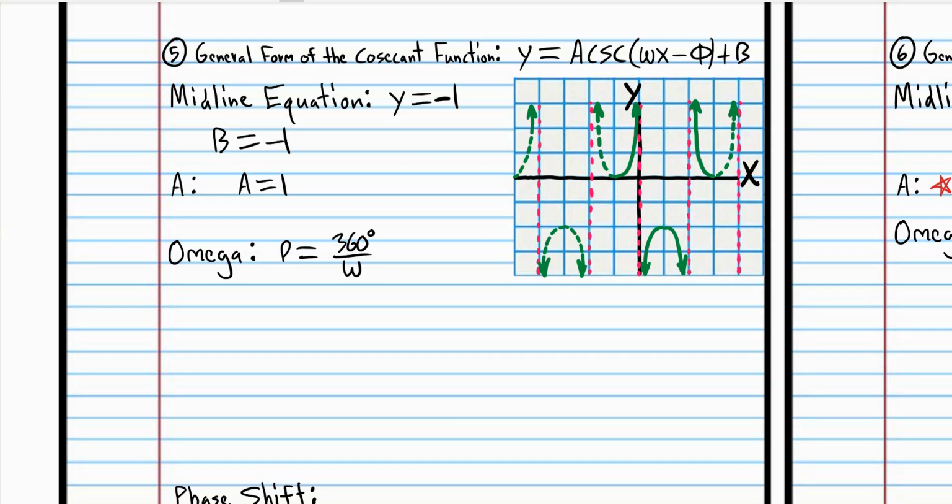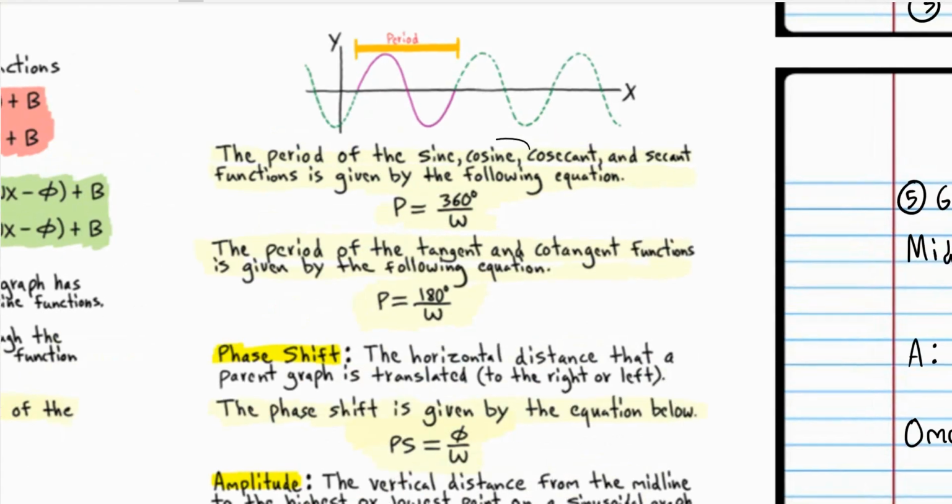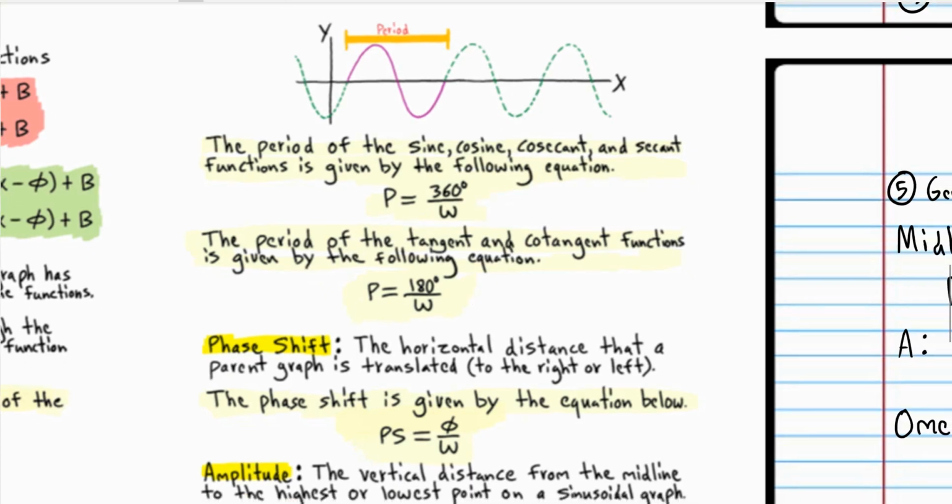The normal period for the tangent and cotangent functions is not 360. It's 180, so that's something that you're going to want to memorize. That is written down here. So this is the equation for the first 4 functions, and this is the equation for the last 2, the tangent and cotangent functions.